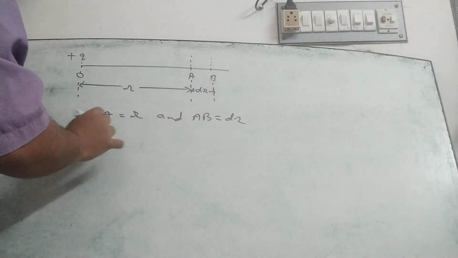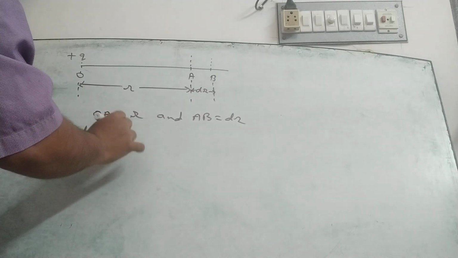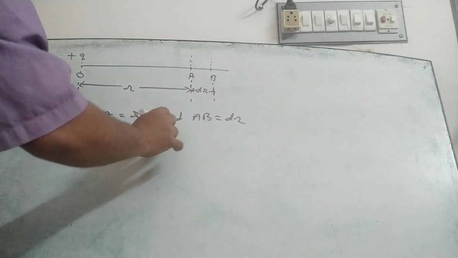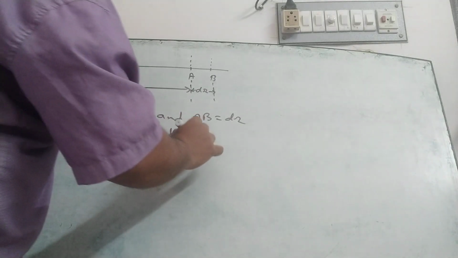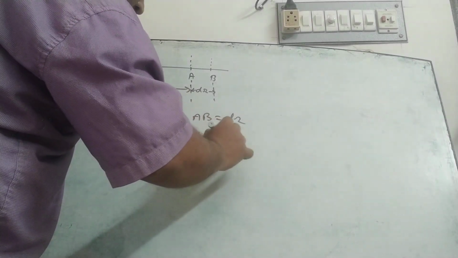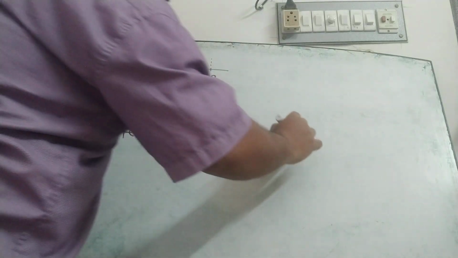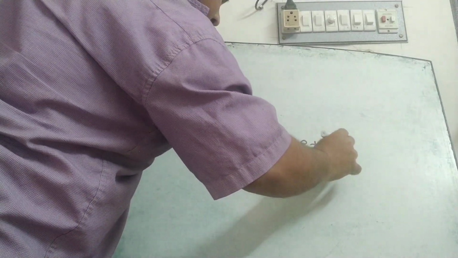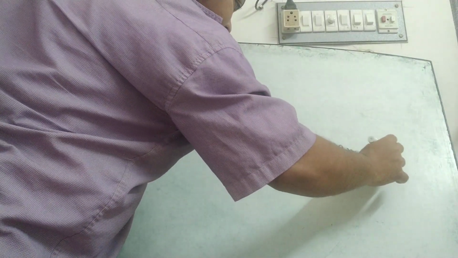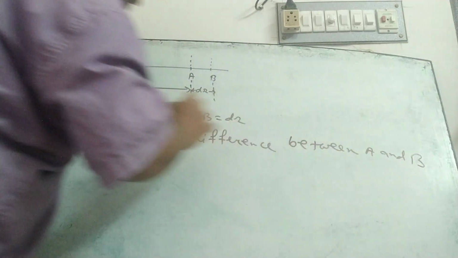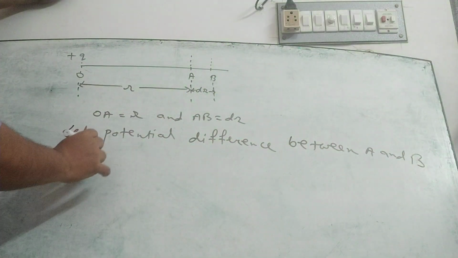Let the potential difference between A and B be dV.